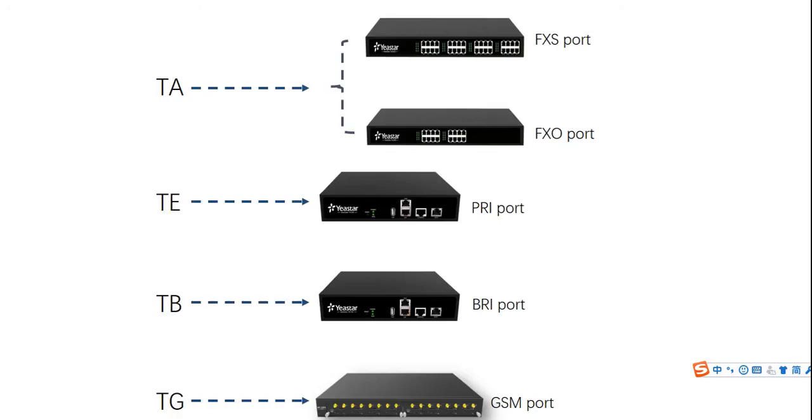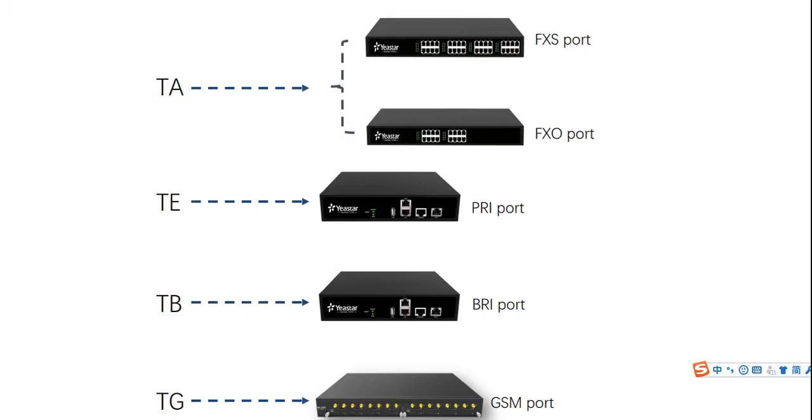So that means the gateway will realize the transcode and transfer the analog signal to SIP data packages and send it to PBX. So this is exactly why it is called gateways, and we take advantage of this feature to realize interface expansion. So this is why we use gateways.